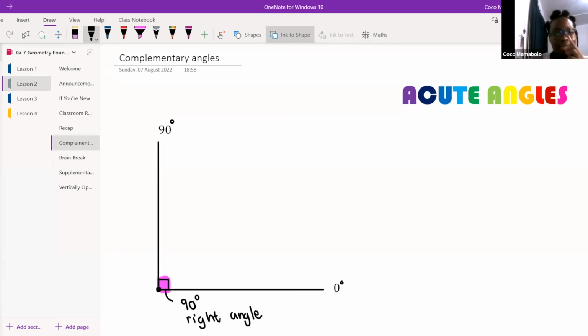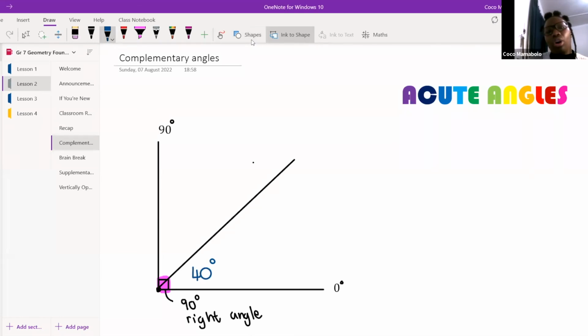Now I'm going to mix things up a little bit. I am going to take my ruler and draw another line like that. Caleb, I want you to hold on to that question of yours, because I am going to get to it. I'm going to say that this angle over here is 40 degrees.